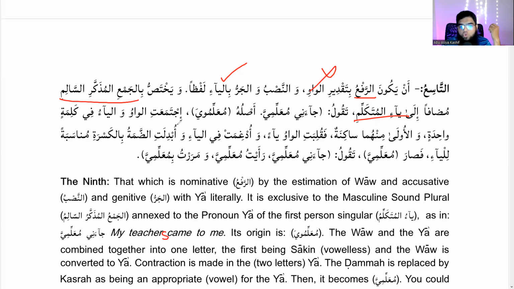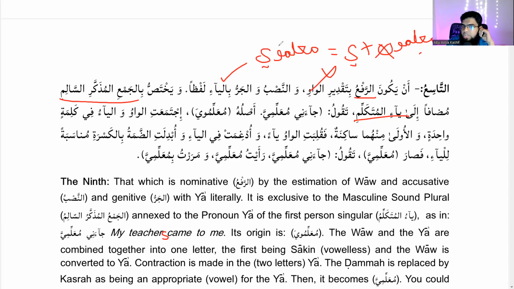أصله معلمونا. So you had the word معلمونا. And then we added a ya mutakallim. So we'll drop the noon, correct? It'll become muallimuya. Now Arabs don't like wow and ya coming together.